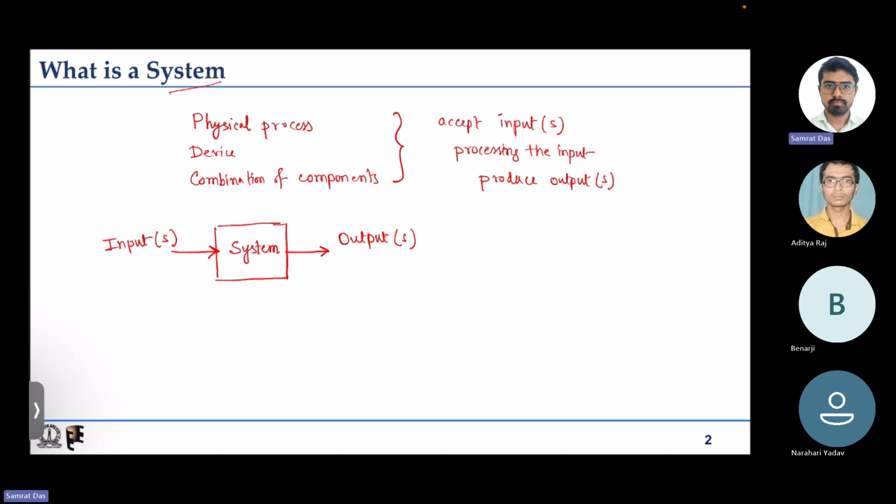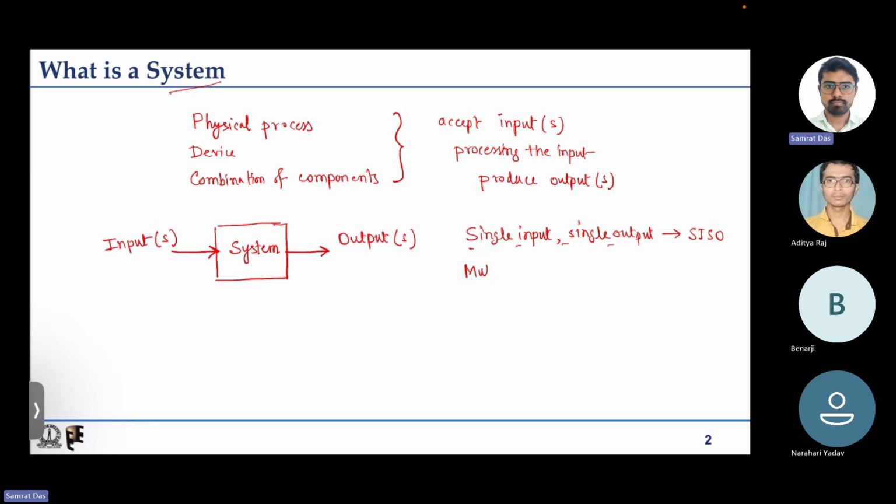Based on the number of inputs and outputs, you might have already heard these terms. If our system has a single input and a single output only, then this type of system is called a SISO system, single input single output system.